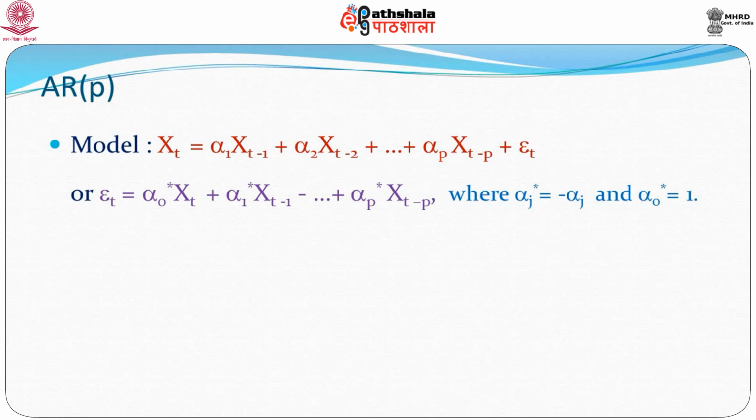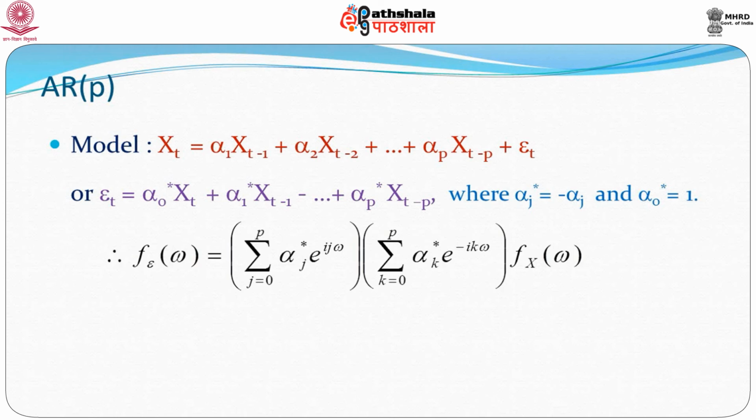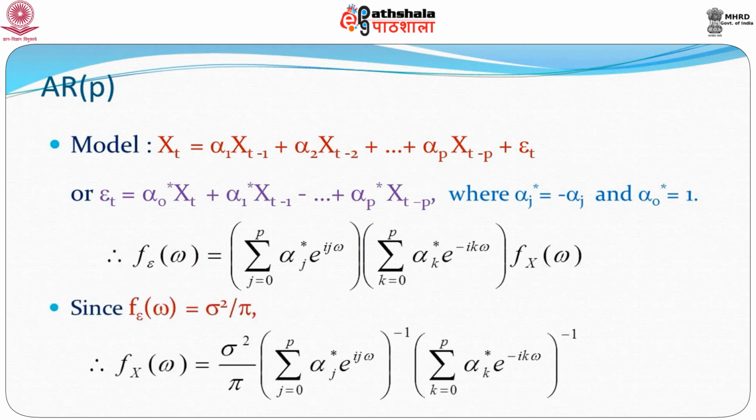So, we get the spectrum of epsilon, that is f_epsilon(omega), in terms of the spectrum of x, which is f_x(omega), and you have these two coefficients which will be your h function. Once you have got this, and since the spectrum of epsilon is going to be sigma square by pi, you replace that on the left hand side, and then you can express f_x(omega) as sigma square by pi and the inverse of the coefficients on the right hand side of the equation, and you get this expression.